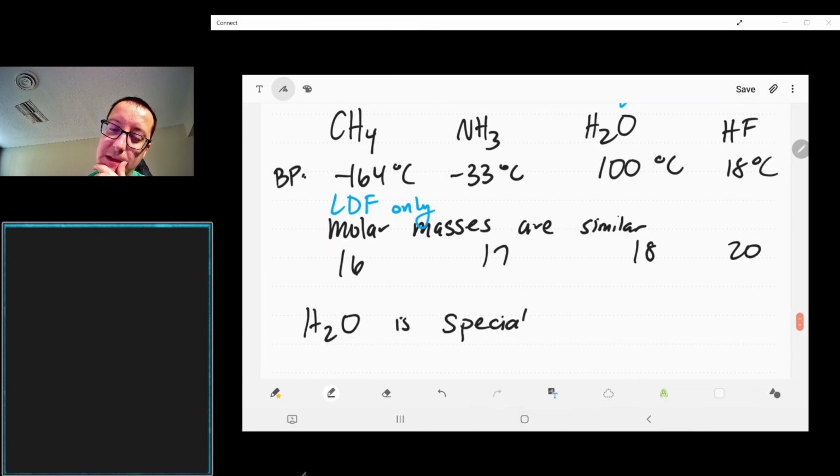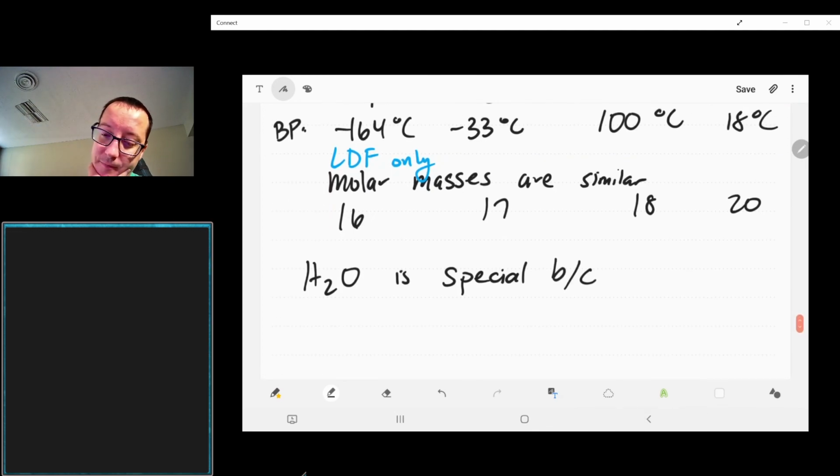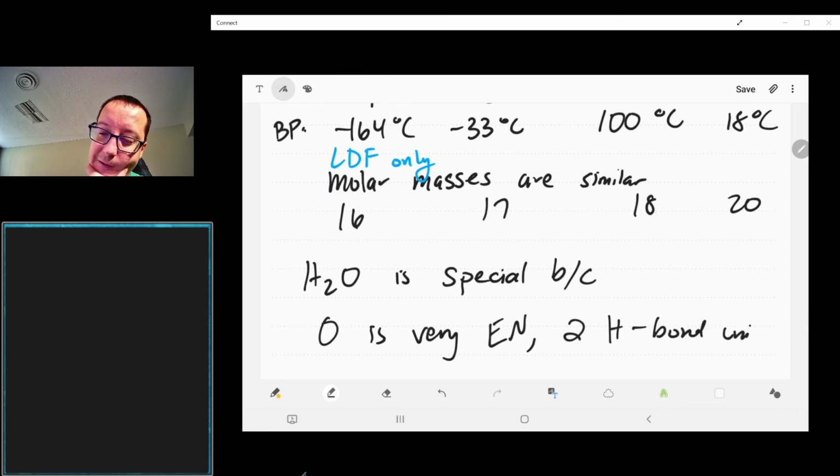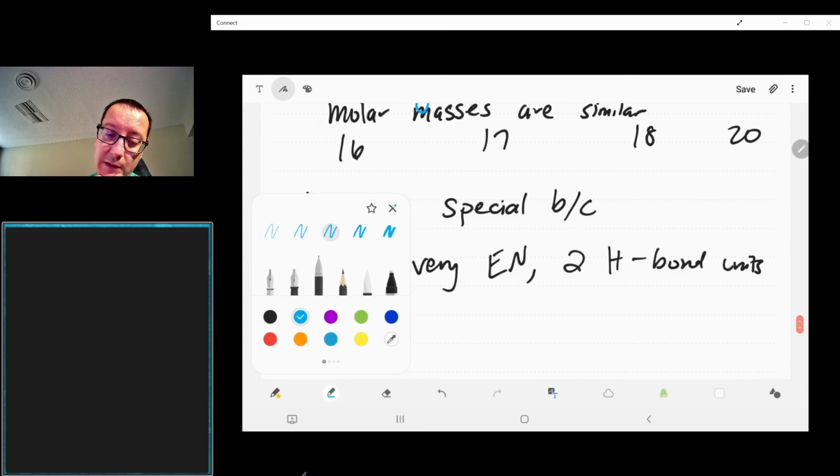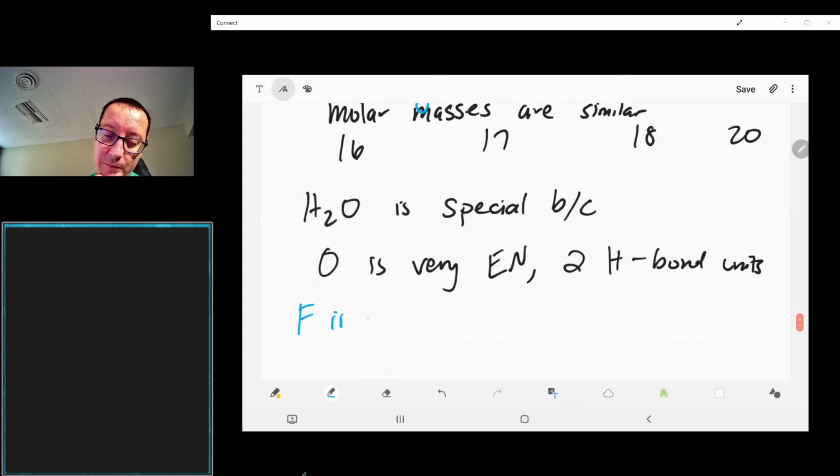Why is water special? Well, oxygen is very electronegative, and we have 2 hydrogen bonding units. So this is going to be kind of the winning combination. Even though fluorine is more electronegative, it only has 1 unit to hydrogen bond with.